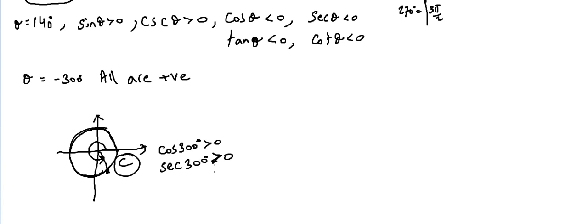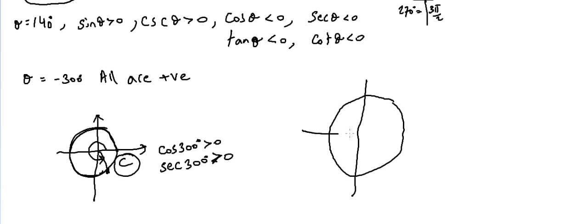One more: negative 180 degrees. This is 0, and we go in the negative sense until we reach negative 180 degrees. So we are here. What happens here?